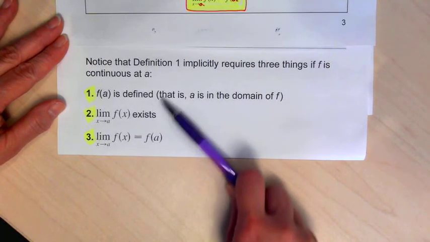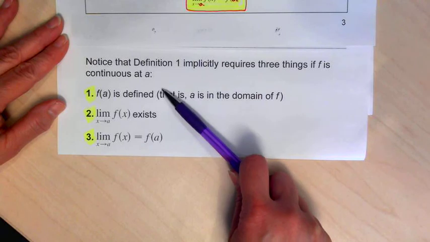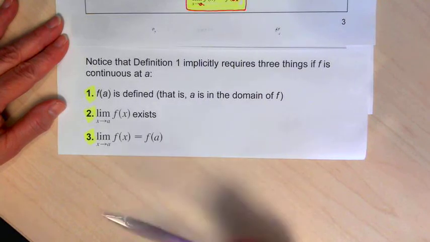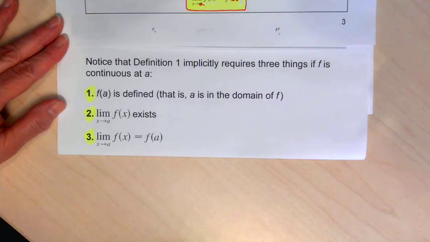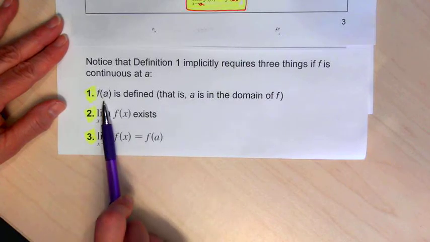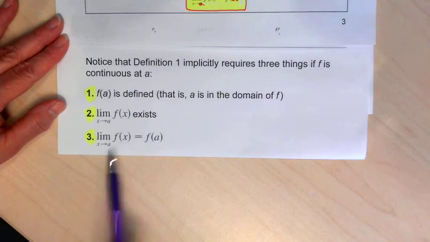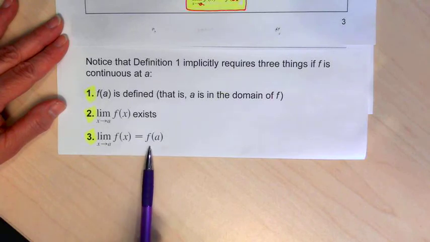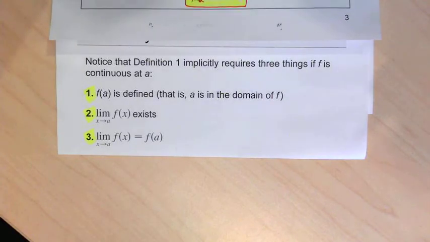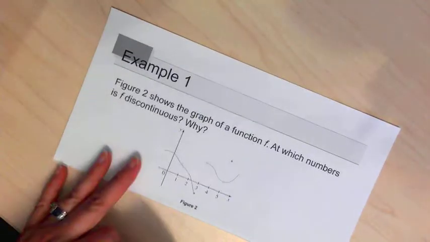So this definition really implies three qualifications to be continuous at a number a: f of a is defined, the limit exists as x approaches a, and the limit equals f of a. Let's look at a function that's not continuous at a.